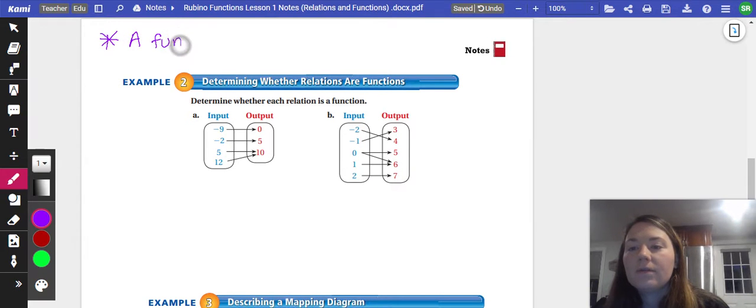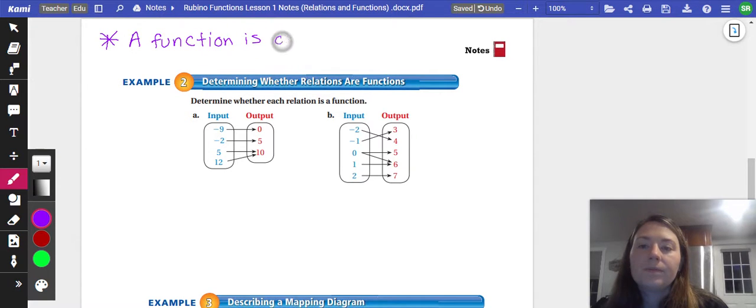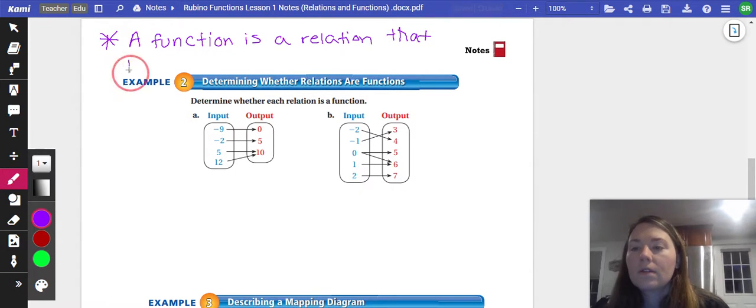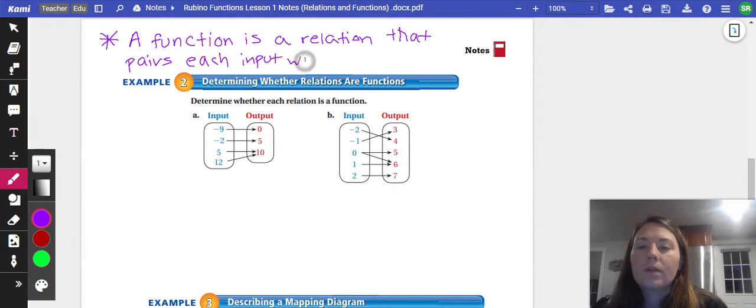So a function is a relation that pairs each input with exactly one output.